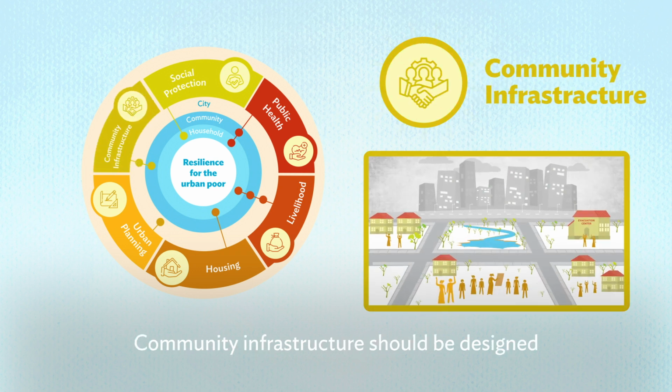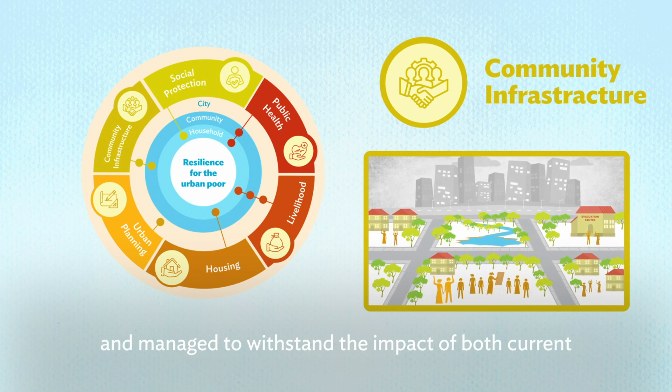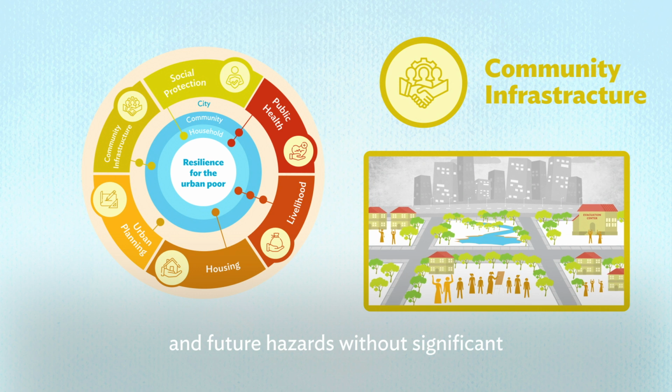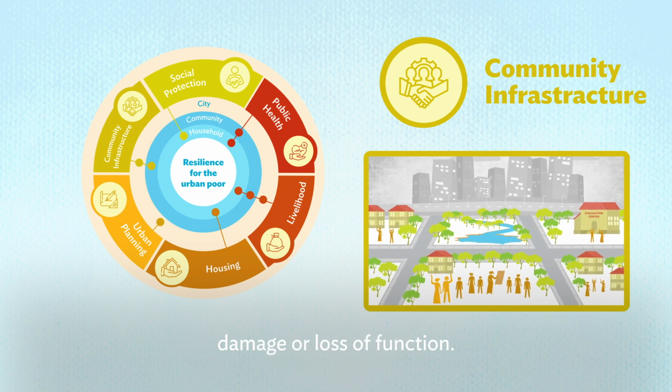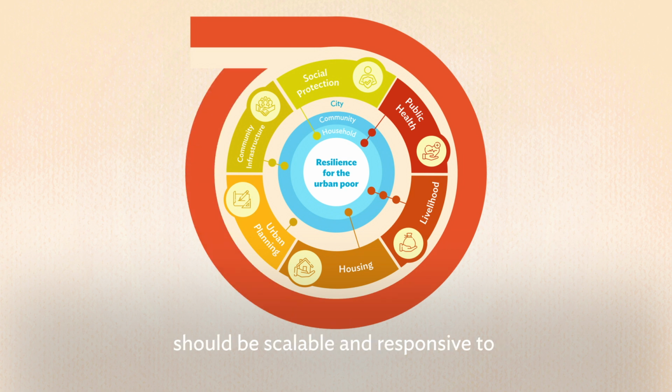Community infrastructure should be designed and managed to withstand the impact of both current and future hazards without significant damage or loss of function. Interventions across these policy areas should be scalable and responsive to both climate and non-climate risks.